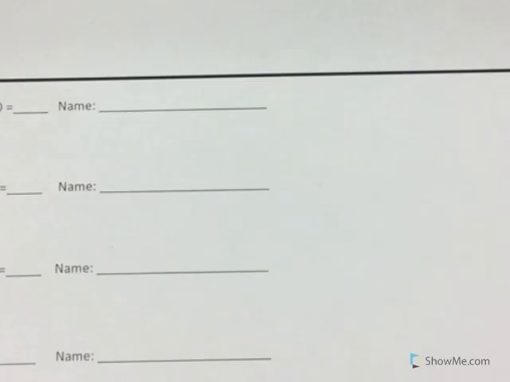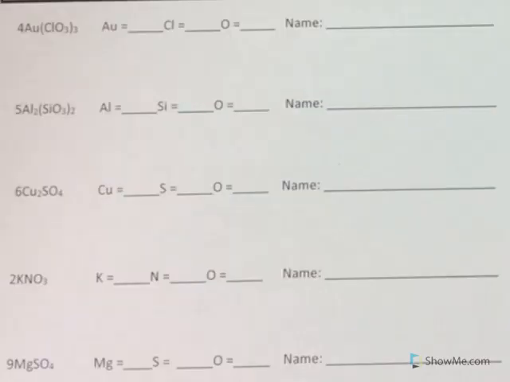So let's zoom this back in. Let's do one more together, and then I'm going to let you do the rest of them on your own. All right, so here let's start inside the parentheses again. We've got 1 silicon times 2 would be 2, times the 5 in front would be 10 silicon. Still inside the parentheses, we have 3 oxygen, times 2 would be 6, times 5 would be 30.